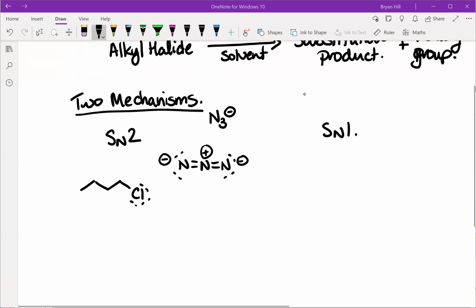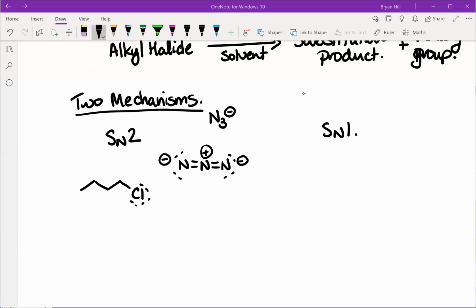And what are two reasons why azide would be a good nucleophile? You've got a negative charge on nitrogen, right? So that's good. In fact, both ends have negative charges on them, so both nitrogens have a negative charge. And it's linear. So the two reasons are that it's got negative charge and it's linear.